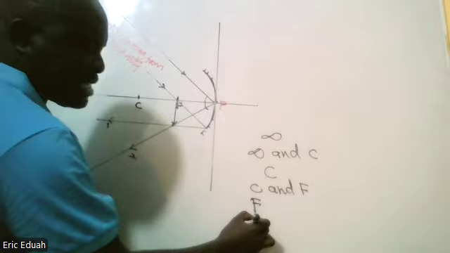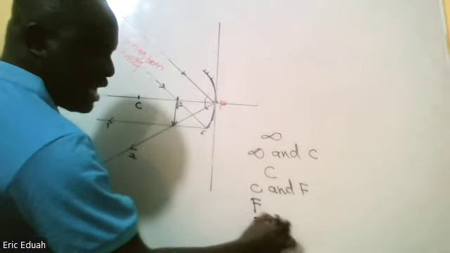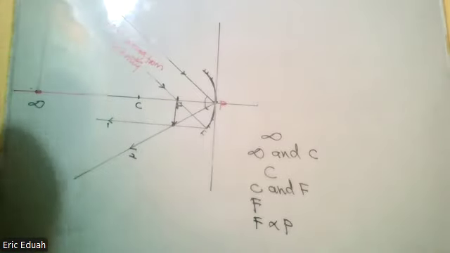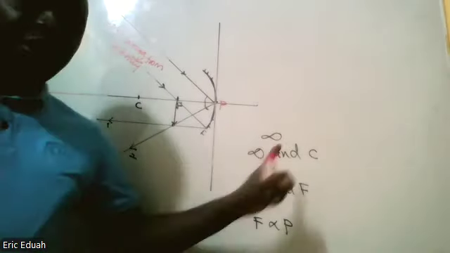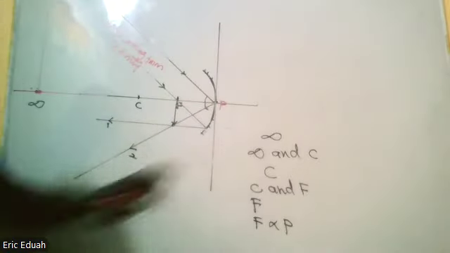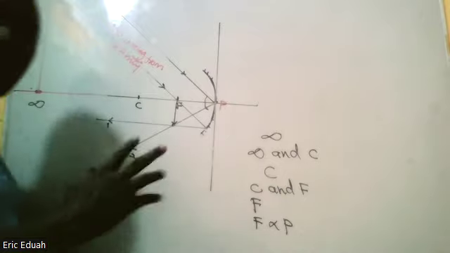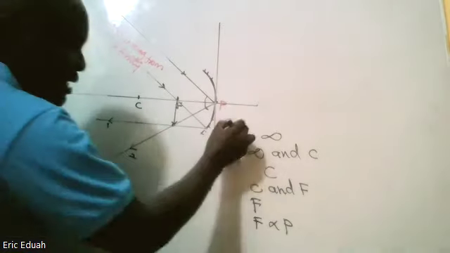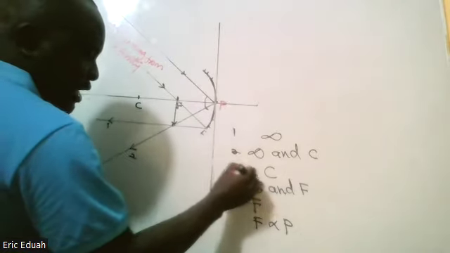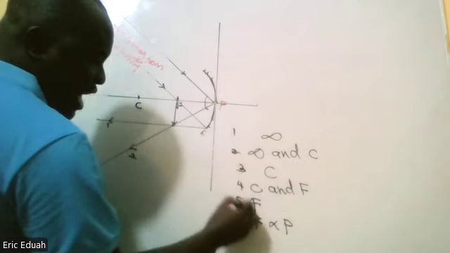And when an object is between F and the pole, please, this description must be at your fingertips. Let's go through them. We have 1, 2, 3, 4, 5, and 6.